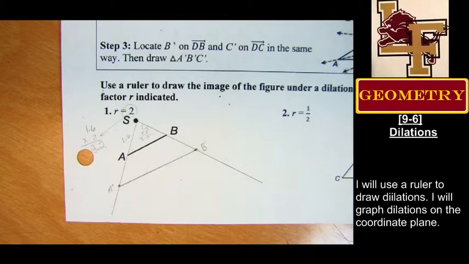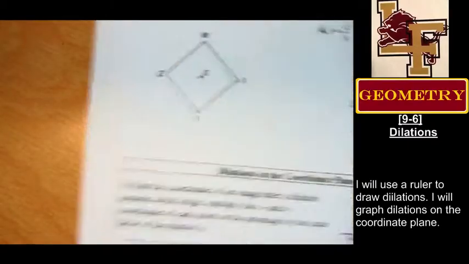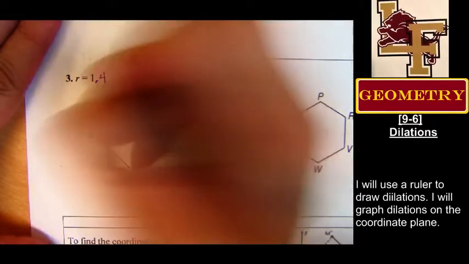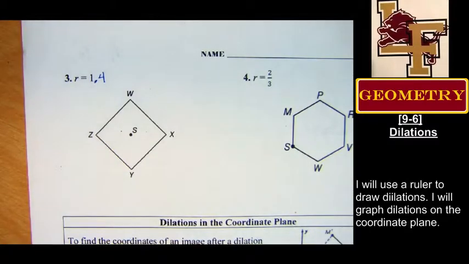So for number 3, change your scale factor to 1.4. Because a scale factor of 1 doesn't do anything, and so this one would be really boring to do, because there would be nothing to do. So we're changing the scale factor so you have something to do. You're welcome.